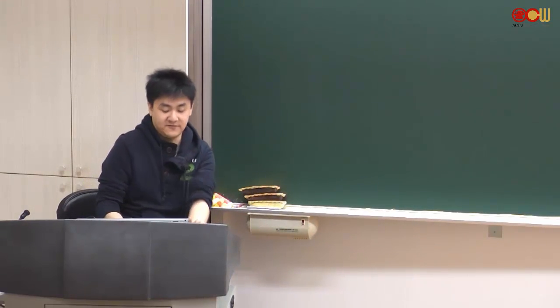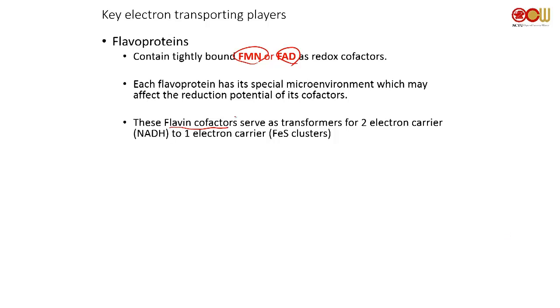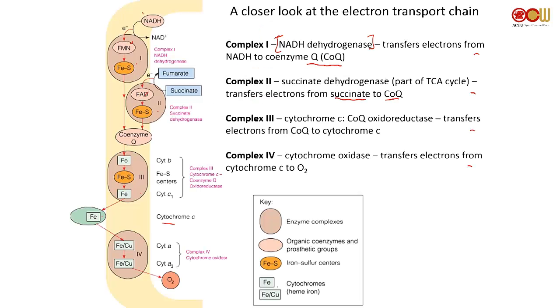Now, flavoproteins. These flavin cofactors, FMN and FAD, are very important. Why? Because they essentially serve as a transformer from a 2 electron carrier, NADH, to a 1 electron carrier, which is these iron centers. You are trying to get electrons from NADH, a 2 electron carrier, onto iron, which is a 1 electron carrier.